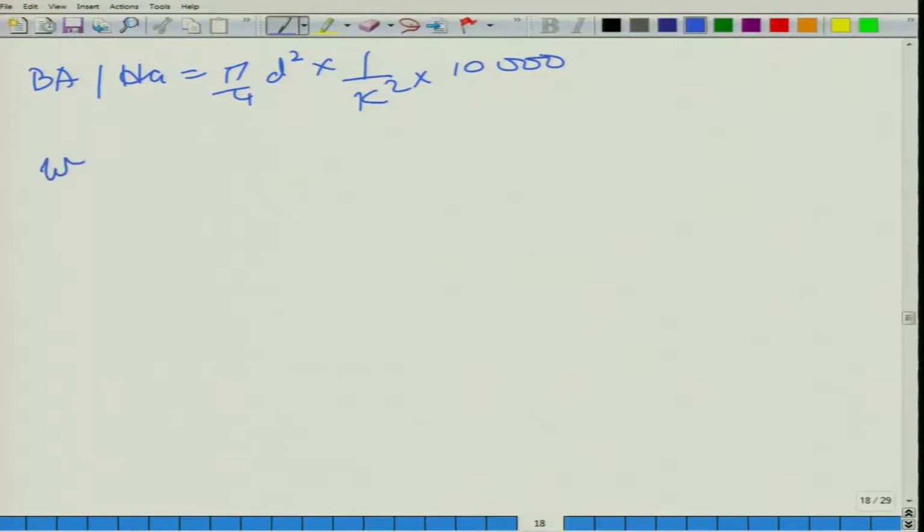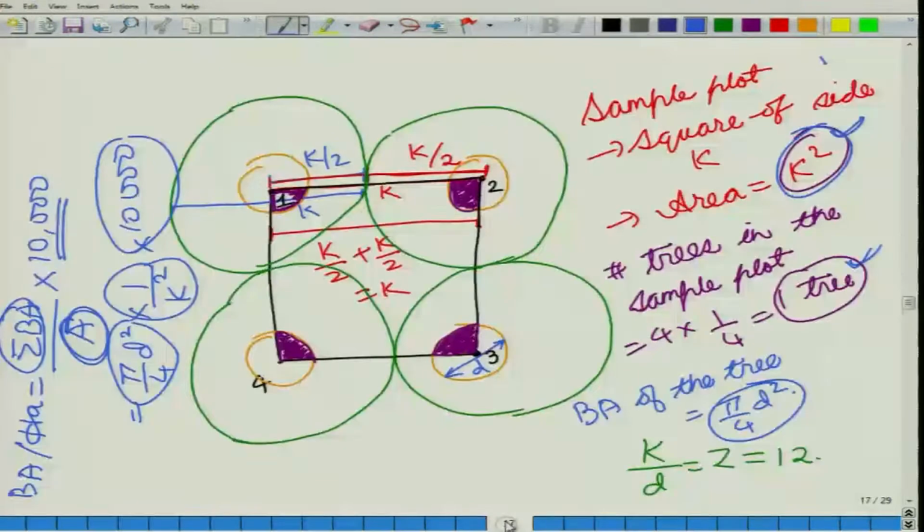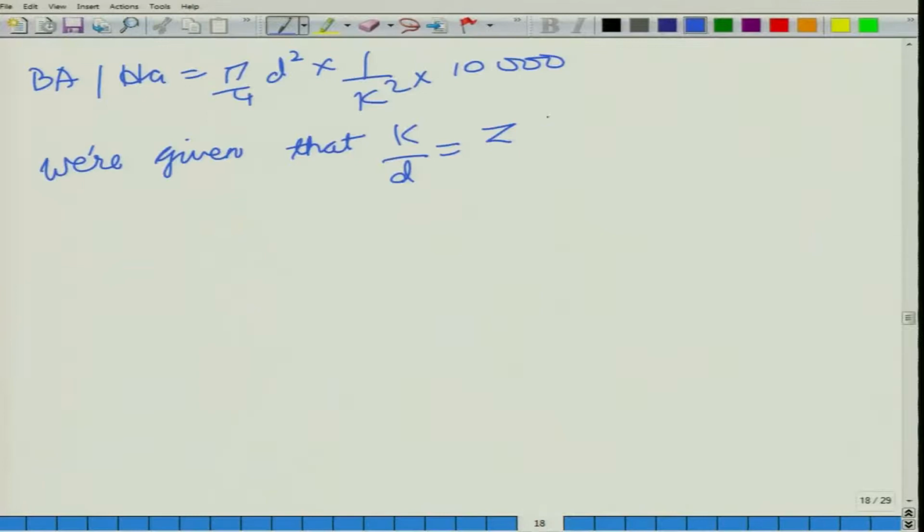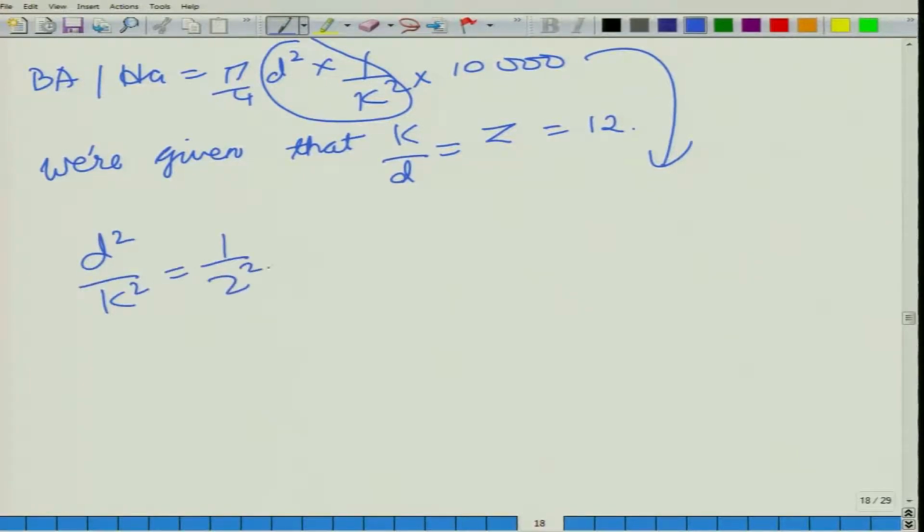Now we are given that the ratio of k by d, which we can also refer to by this number z, is equal to 12. In this equation let us replace k and d by z. So we have d square by k square, which is equal to 1 by z square.